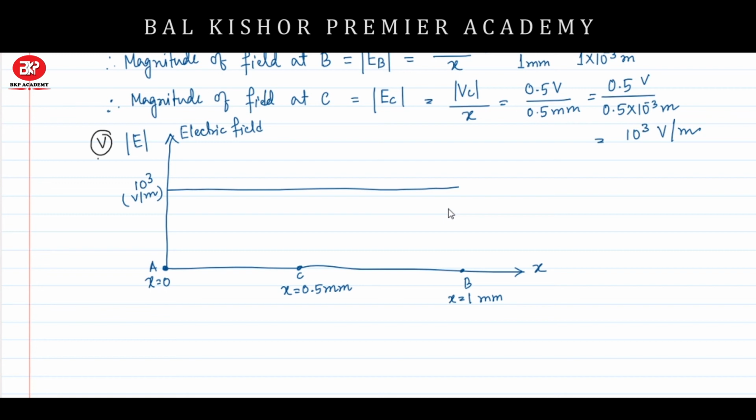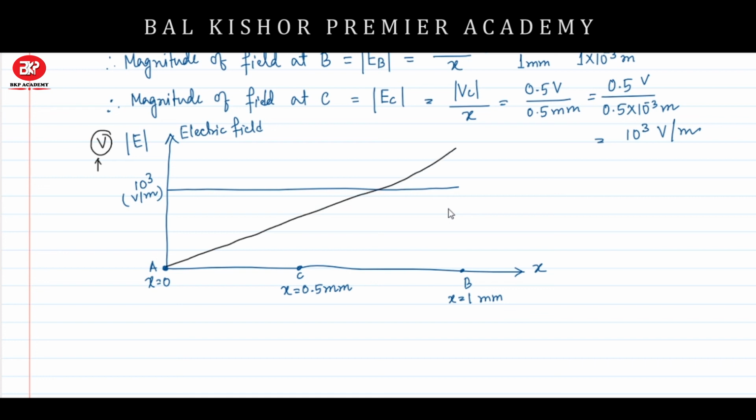If I plot the V value with the position x, we can see that at x equals 0 the potential was 0, and at x equals C the potential is 0.5, so I can draw the graph looking like this.